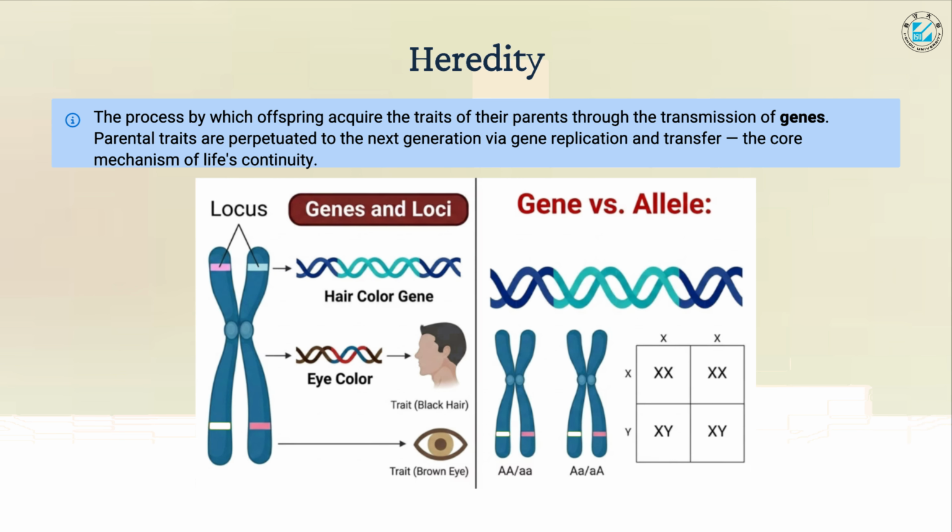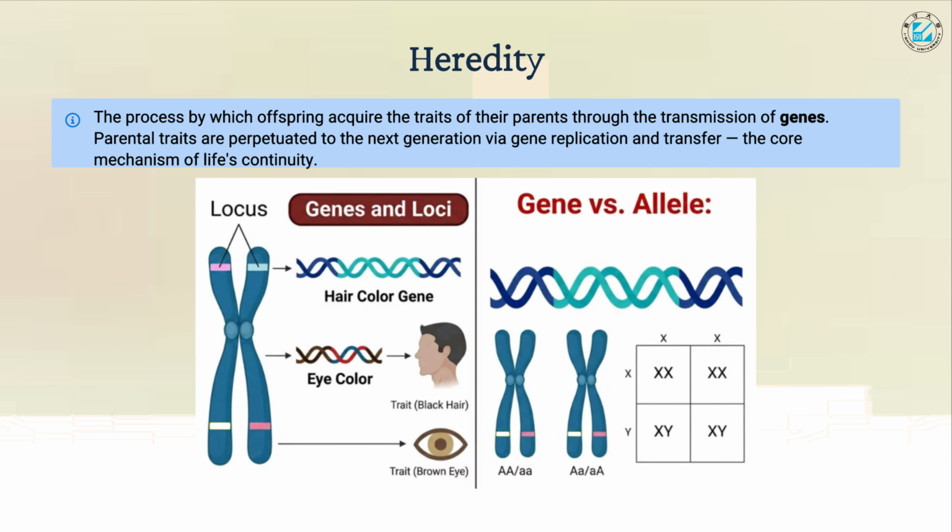Heredity refers to the process by which offspring acquire traits from their parents through the transmission of genes. In other words, biological information is passed from one generation to the next. This process allows parental traits to be maintained and continue in offspring.